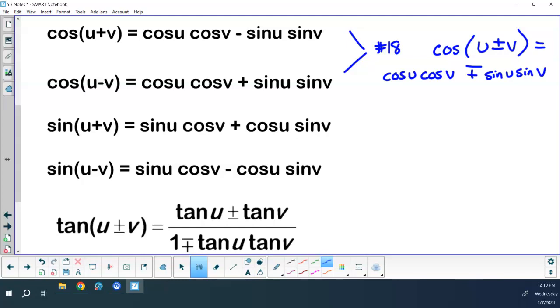Okay? Those are opposite operations. Okay? So if you're adding in what you're trying to do with your trig function, you're going to subtract when you apply number 18.